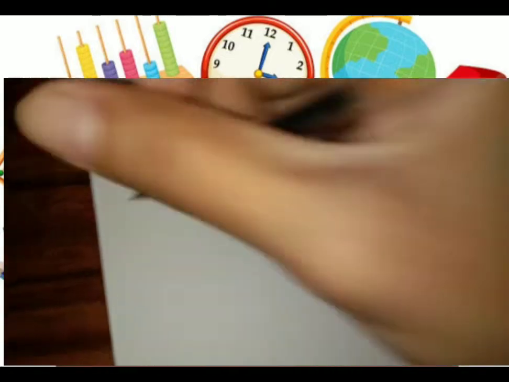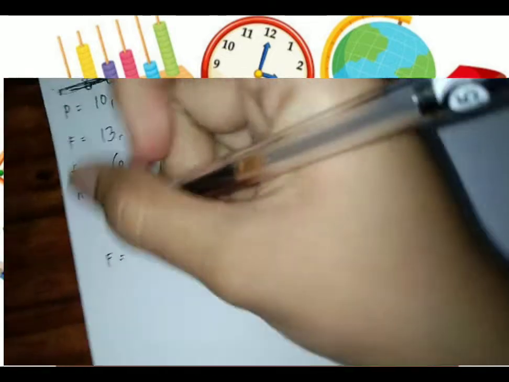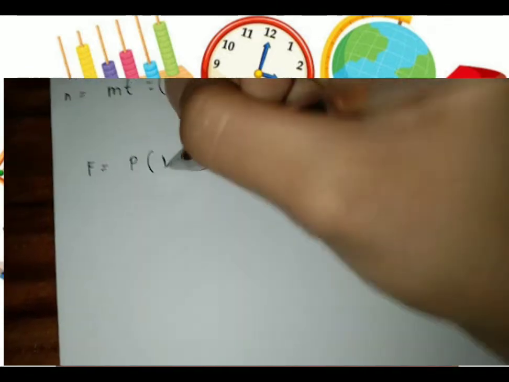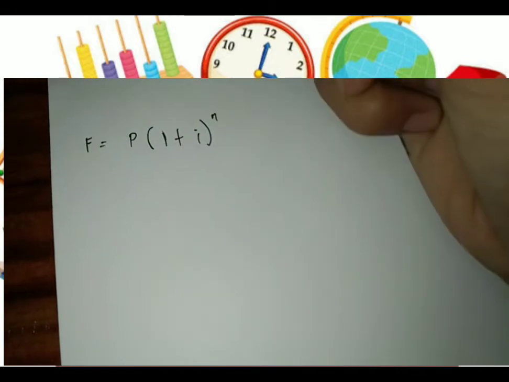Now we are going to solve it. F is equal to P, by using this formula, quantity 1 plus i raised to n.